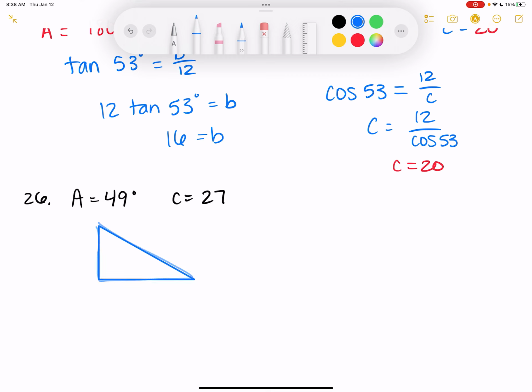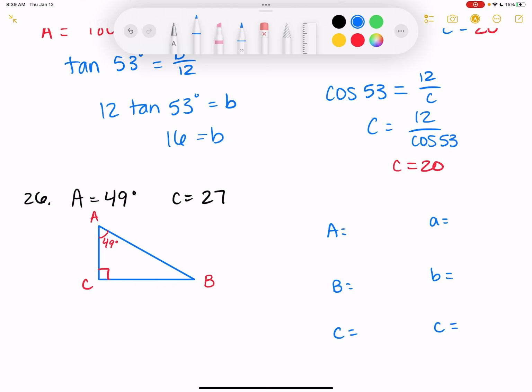So triangle. Put in stuff that I know. Let's see, A is this top angle. This was 49 degrees. And then I'm going to go ahead and set up my stuff over here and fill in what I know.